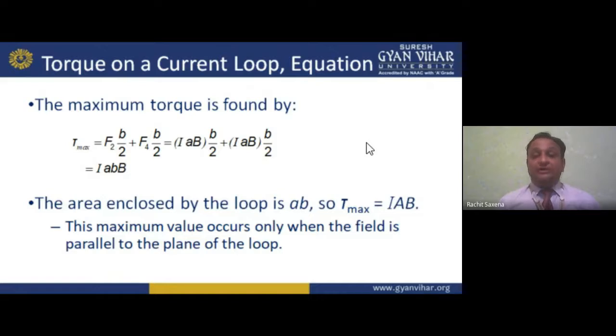I hope you understand the first thing, that is the force, electromagnetic force. Then we have the torque on a current loop. First, force applied. If a current carrying conductor is placed in a magnetic field, what will happen?